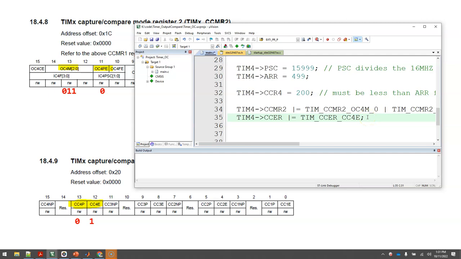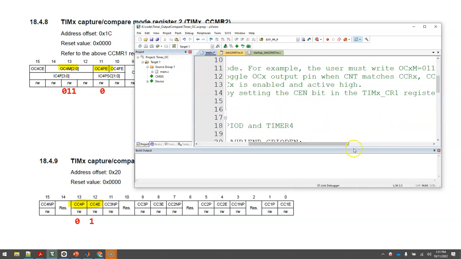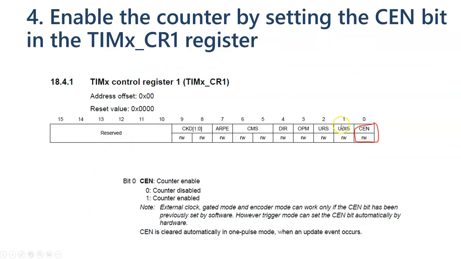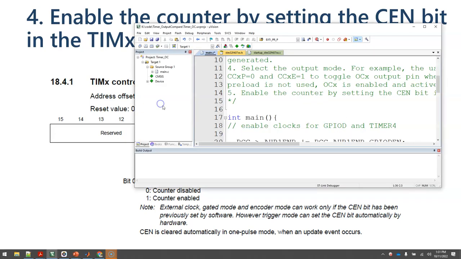Okay, perfect. All right, and then finally, what else do we need to do? According to this procedure, after all of that, enable the counter by setting the CEN bit in the timer CR1 register. So in our case, timer 4 CR1 register, we need to write a 1 in this bit. Let's go take a look and write just that.